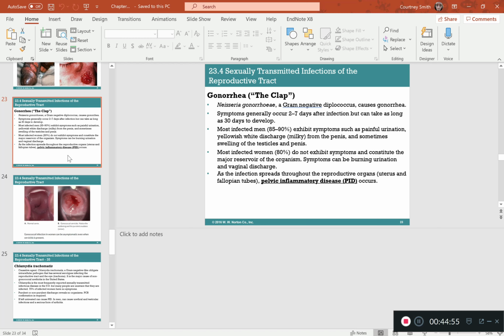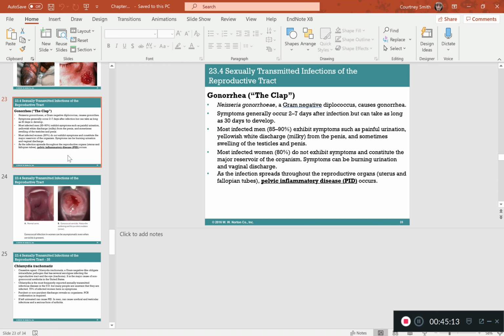And that goes with women too. Women can also be treated with antibiotics, but generally they don't exhibit any symptoms. But if symptoms are present, a lot of times they have painful urination and vaginal discharge, kind of like men.